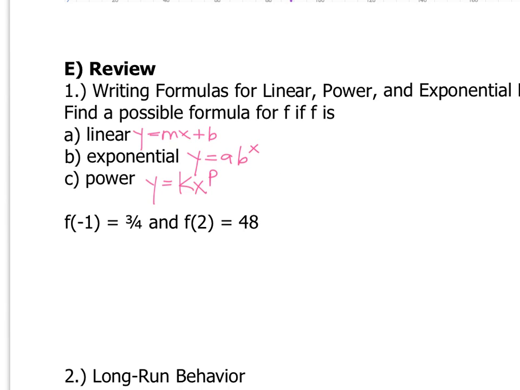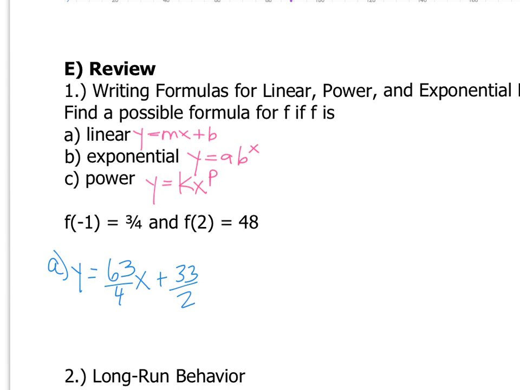So I'm just going to give you the final formulas for the linear and power, and then I expect you guys, on your own, to go back and do the work to make sure you do, in fact, know how to do that. But we'll go through the exponential completely, okay? For the linear function, you should end up with y equals 63 over 4x plus 33 over 2.